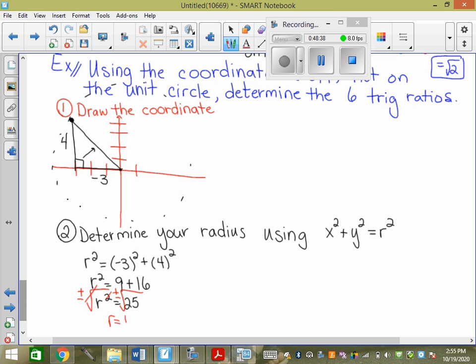So r equals plus or minus 5. The catch is r is a radius, and a radius is a length of measure, and length of measures cannot be negative unless it's a vector quantity, which it is not. Okay? So our r is going to equal 5.